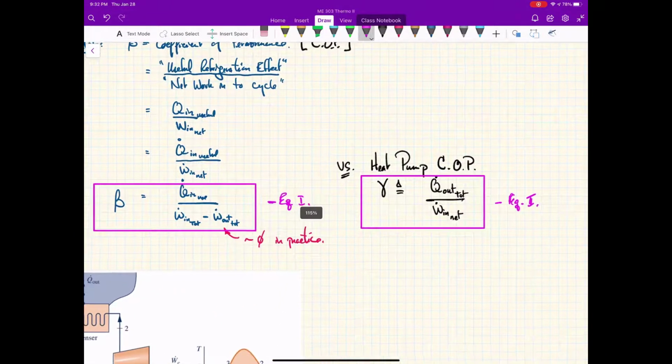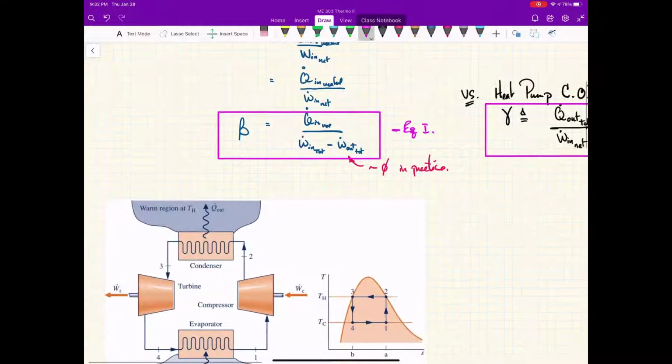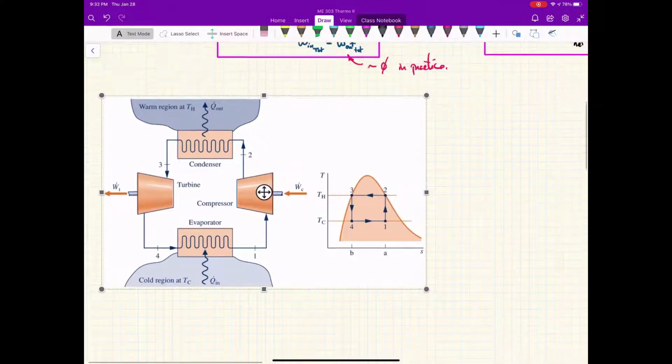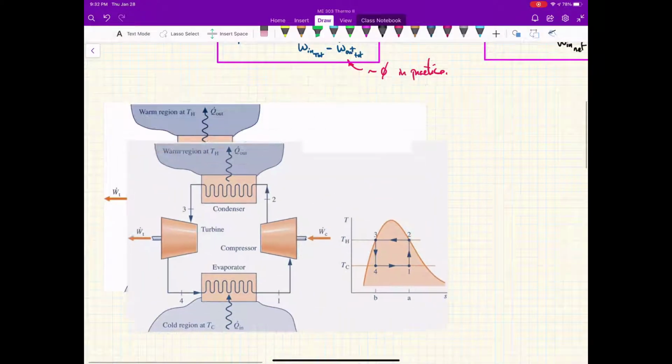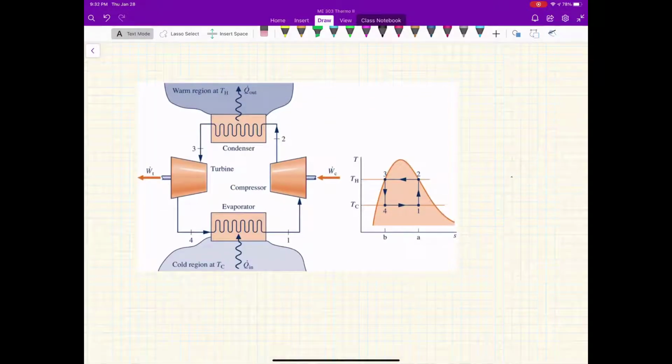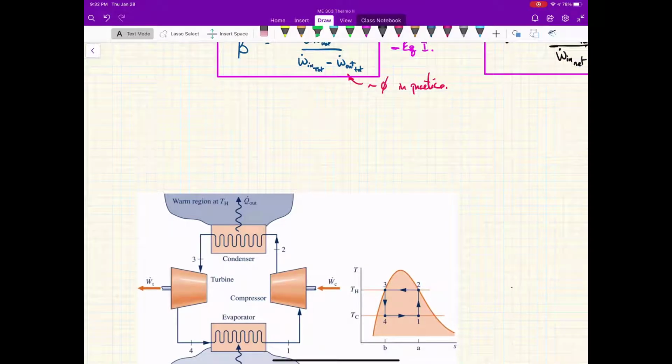All right, so we've got two coefficients of performance, beta and gamma. Let's start talking a little bit about the ideal, the granddaddy of all these cycles, and that is going to be the Carnot Refrigeration Cycle. Very similar to what you're used to from power systems, except that now we're going counterclockwise, and we are going to add heat.